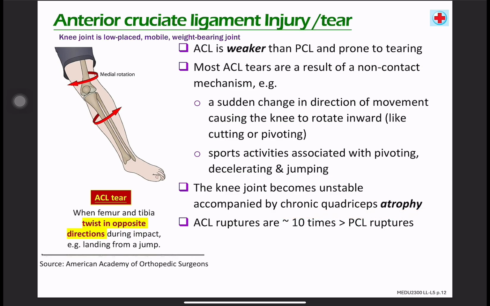The quadriceps muscles waste away due to disuse. This is why rehabilitation focuses on strengthening the quadriceps through intensive physiotherapy. When the ACL ruptures, patients typically hear a distinct pop sound. ACL ruptures are approximately 10 times more common than PCL ruptures.